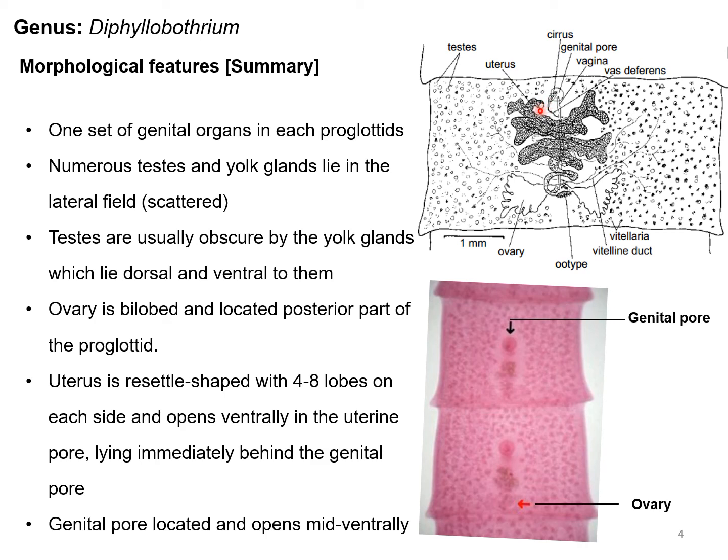This is called the uterine pore, and next to it there is another opening. This is called the genital pore. The genital pore opens ventrally. If you look at this picture, this is the rear view of the segments. The genital pore is located in the middle of the segment and it opens ventrally, and this is the ovary.